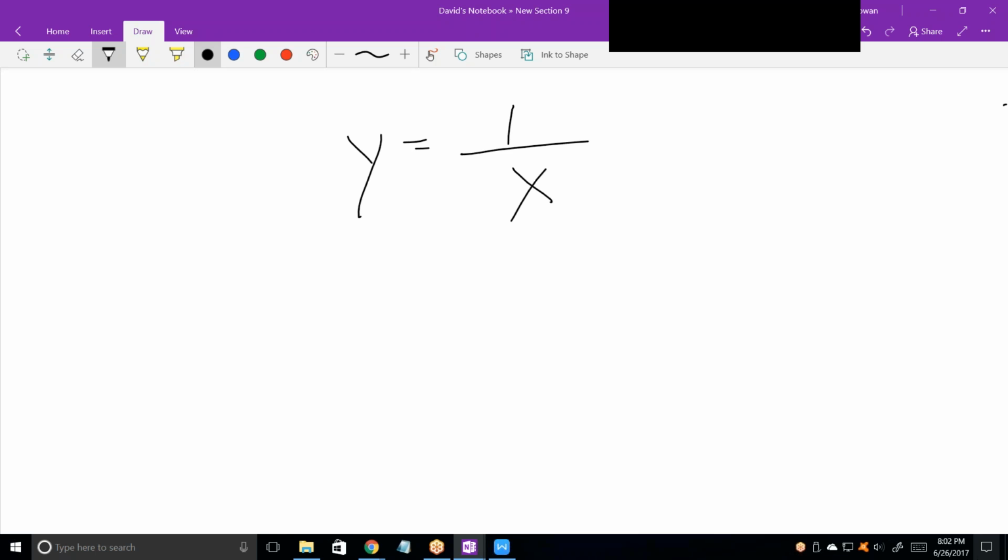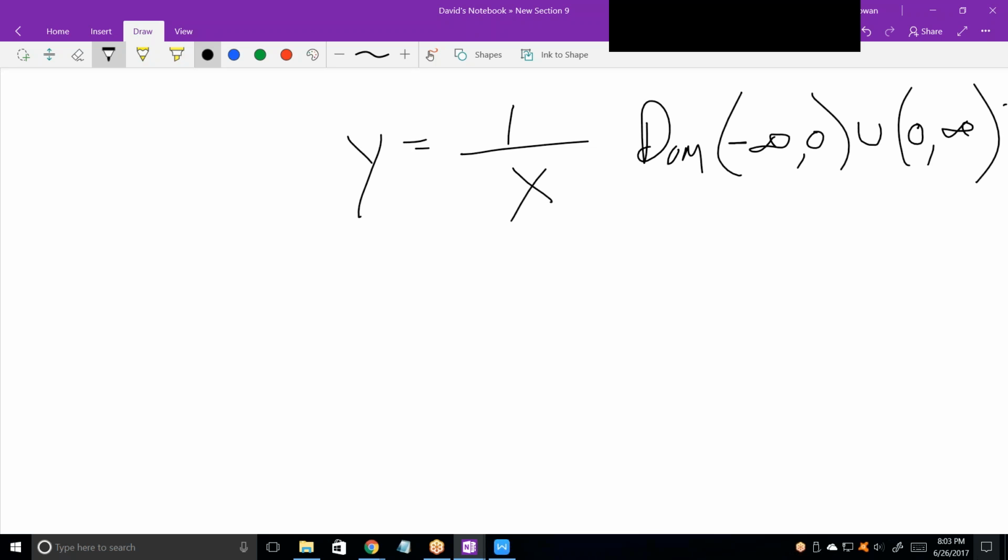But there's nothing else that gives you problems. I can divide by a negative number. I can divide by a big positive number. I can divide by a fraction. The only number I cannot divide by is 0. So if I were to write the domain in interval notation, well, I'm going to go from negative infinity to 0, but I can't use 0, in combination with 0 to positive infinity.